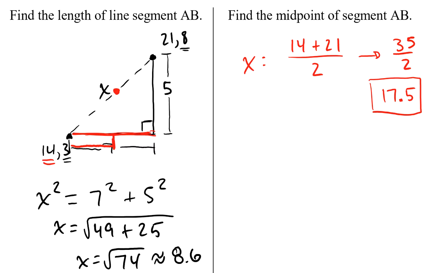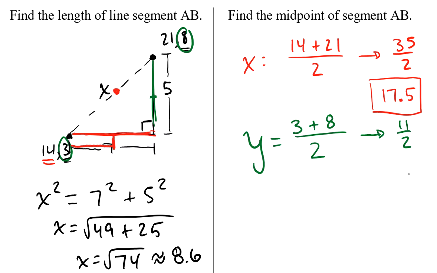I'm going to do something similar for the y. So for my y's, again, I'm trying to figure out what the halfway mark is here. And you can see that I'm starting at a y value of 3 and going to 8. So I'm just going to take the average of those, 3 plus 8, divide by 2. 3 plus 8 is 8, 9, 10, 11. So this is 11 halves, which is what, 5.5.